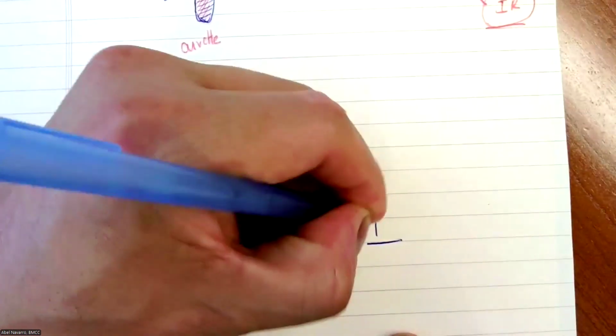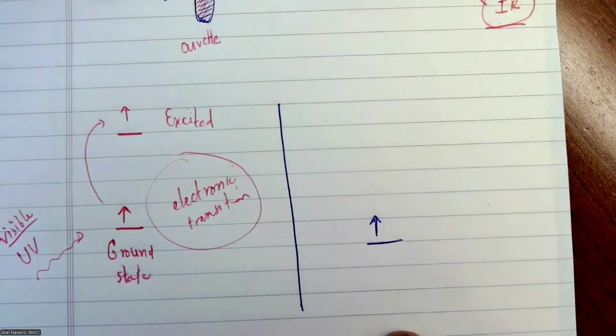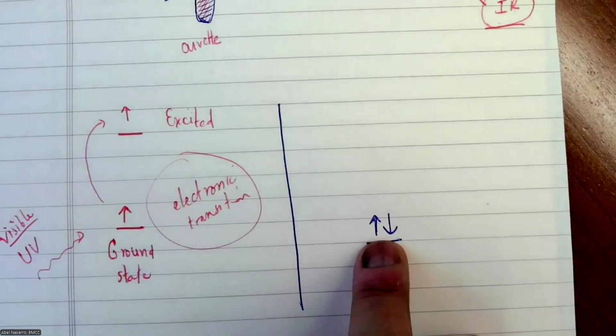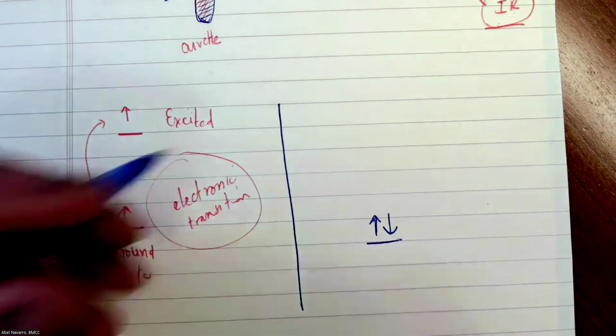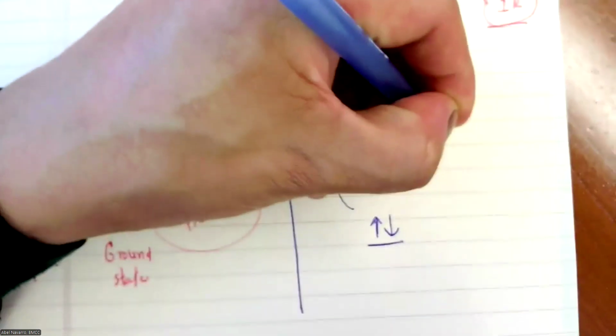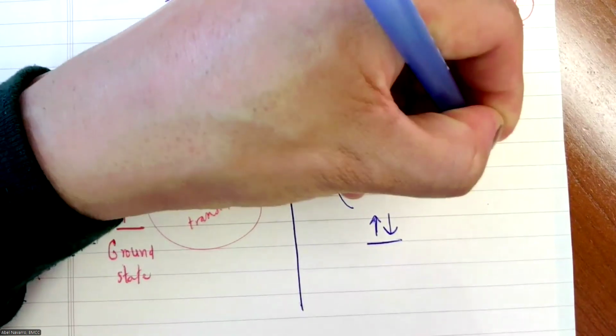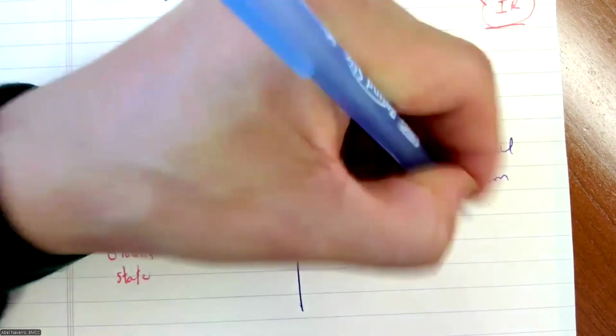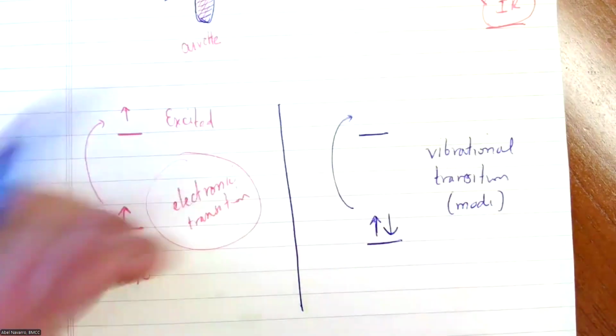So in infrared, we will have a particular bond, not an electron, but you can represent a bond like a pair of, like a match, right? Match bond. And then those two will go to a higher vibrational transition, what we also call a vibrational mode.